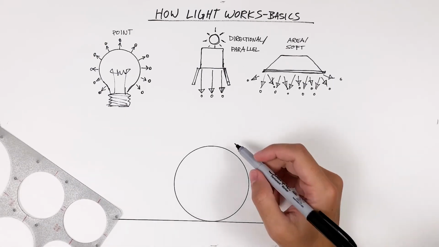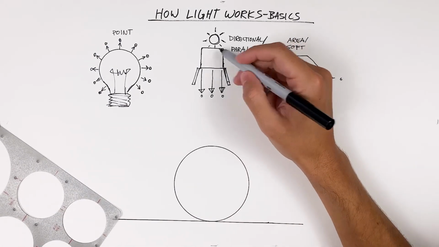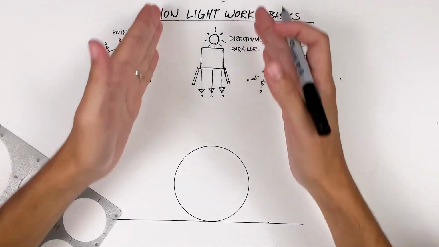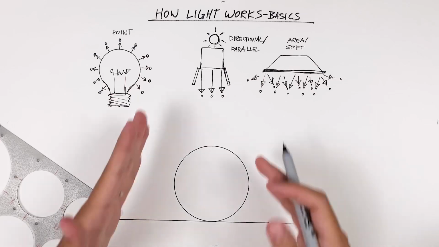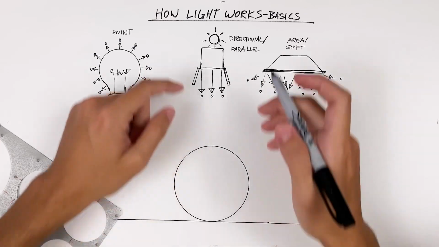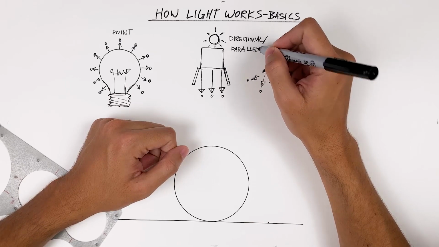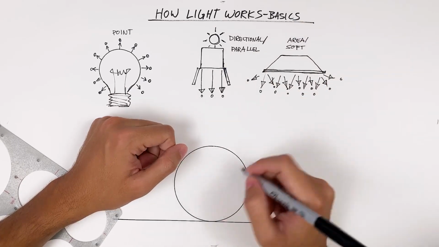Now this sphere, let us imagine that this spotlight that we drew up here is big enough that it will light up the whole sphere, right? But let's imagine these directional parallel photons hitting this sphere, right?